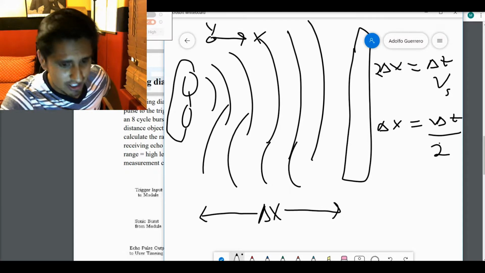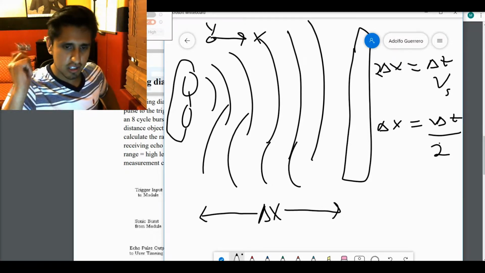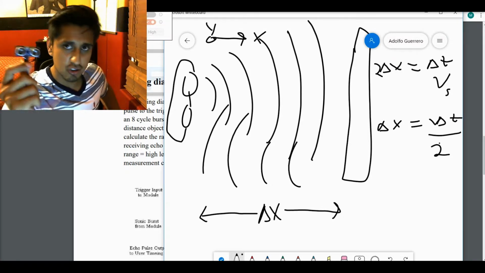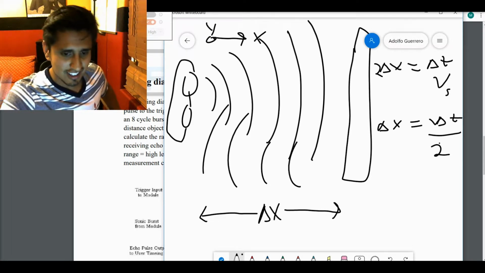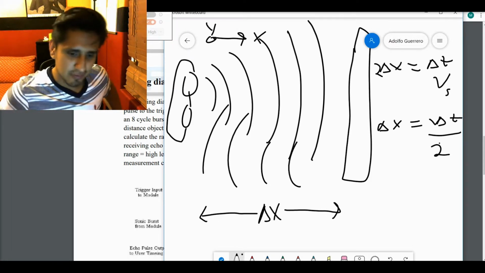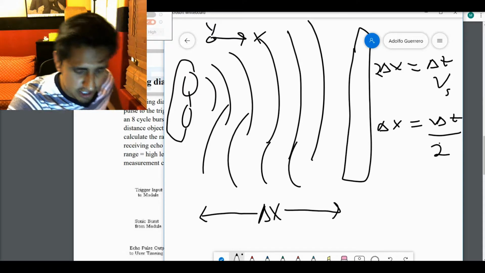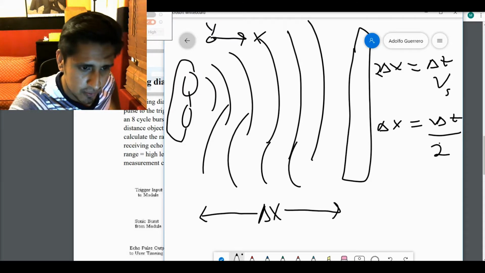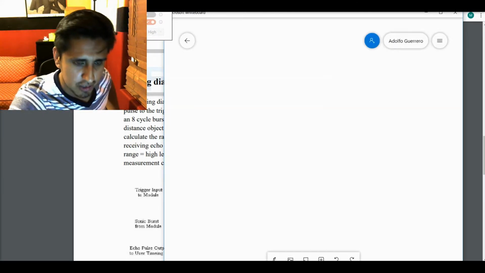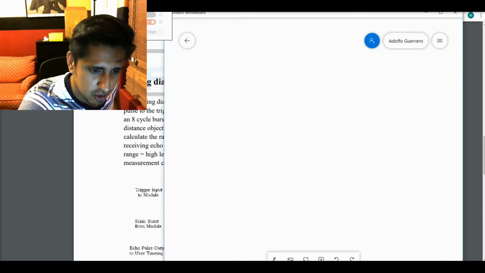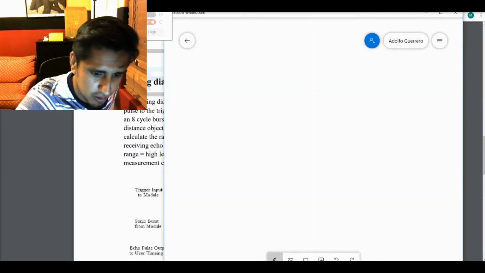Well, guess what? This distance measurement transducer does exactly that. It actually returns a signal into its echo pin, and this is going to be plotted.